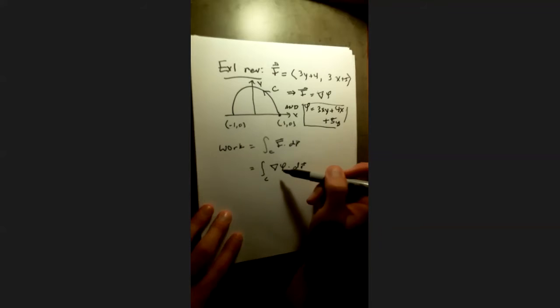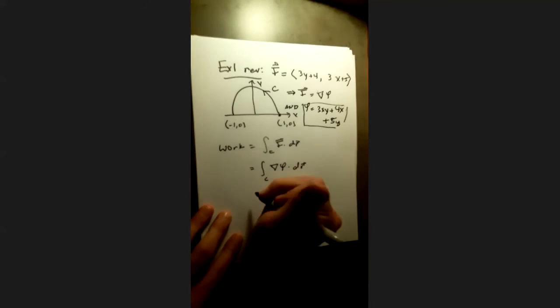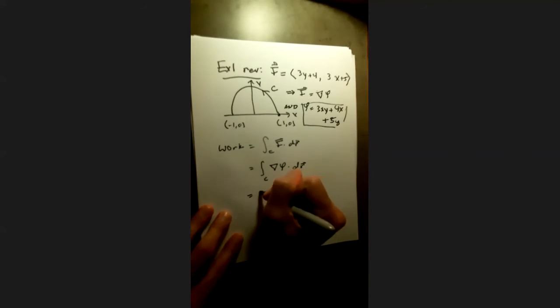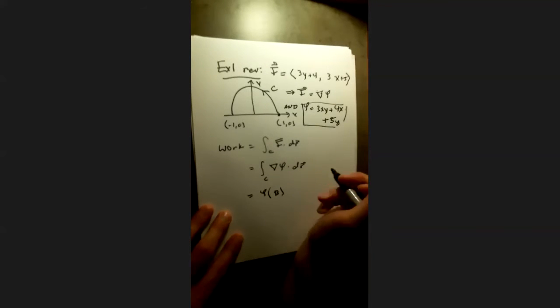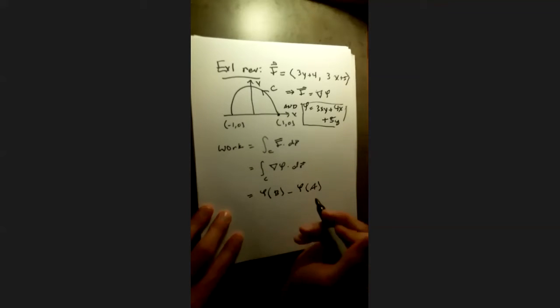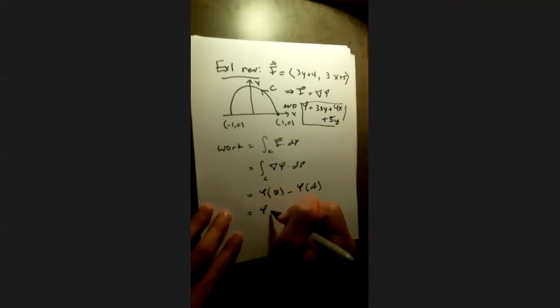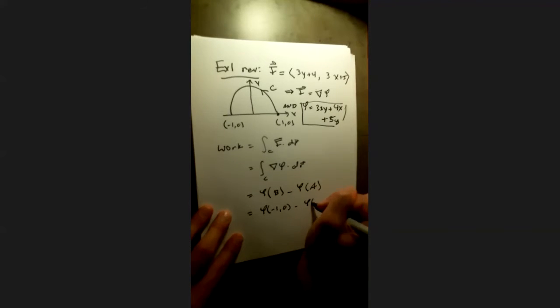But here, because we have a gradient field, we can simply evaluate the potential function at the endpoint minus the potential function at the initial point. So this will be phi at (-1, 0) minus phi at (1, 0).